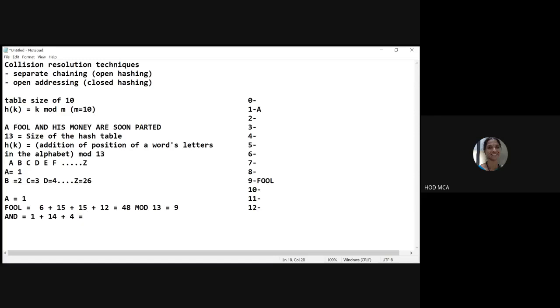So 1 plus 14 plus 4 comes to 19. So we have to find out what is 19 mod 13. 19 mod 13 is 6. So in the 6th location, you will be storing and. I hope I am clear, right?